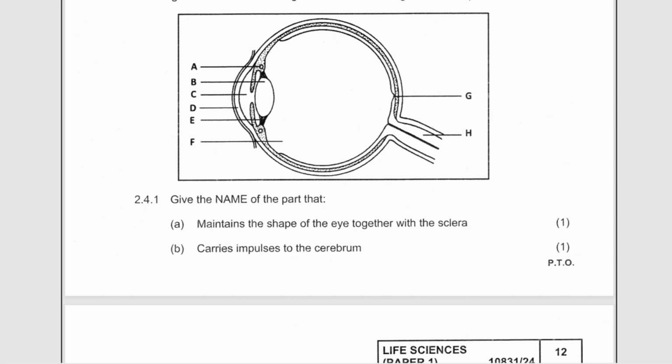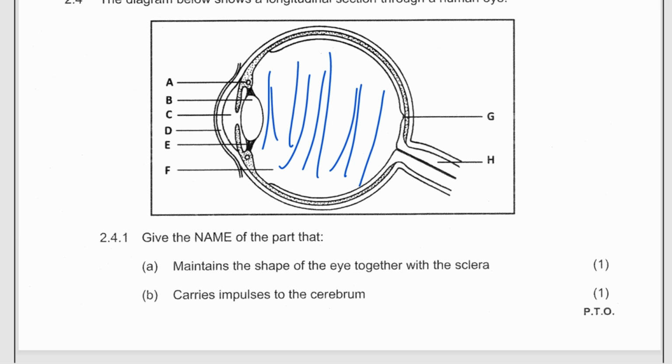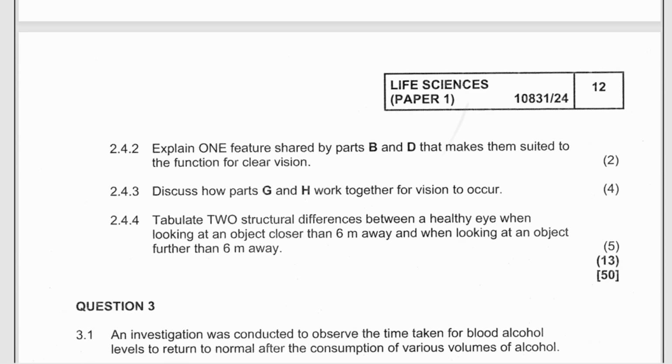This is exactly what I said yesterday, that when they come to the eye, make sure that before you go to the paper you know this. So the part that maintains the shape of the eye is the vitreous humor. The one that carries impulses to the cerebrum is H, which is the optic nerve.